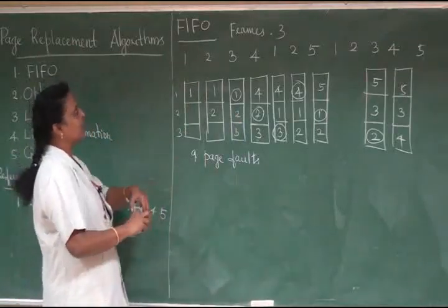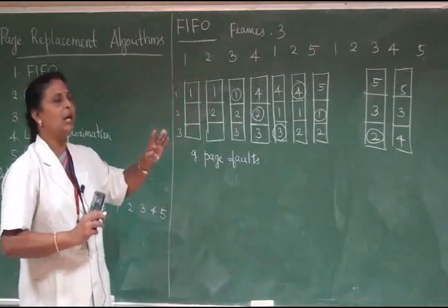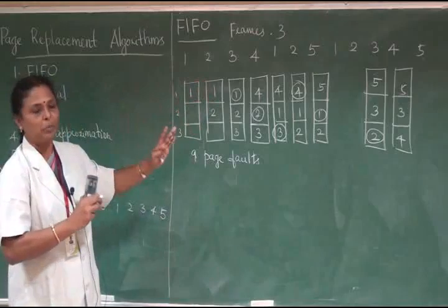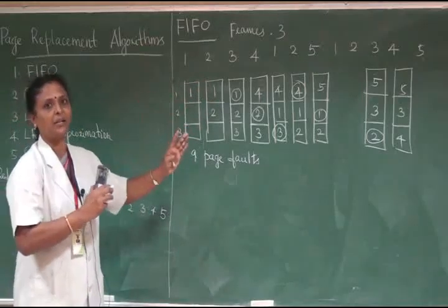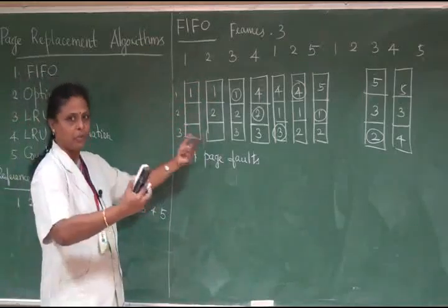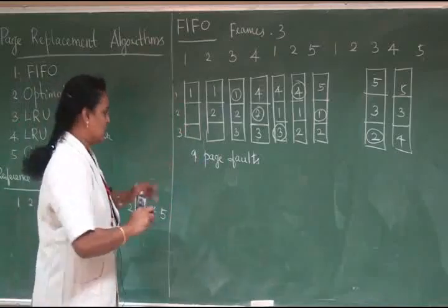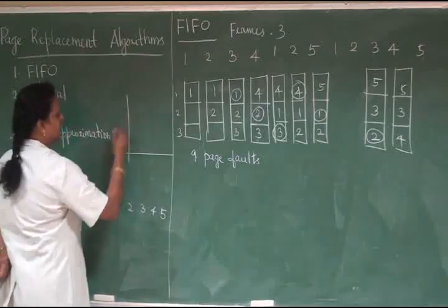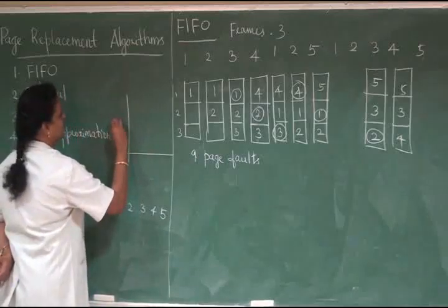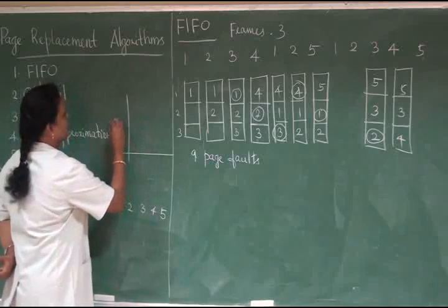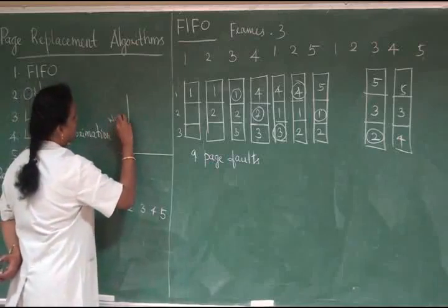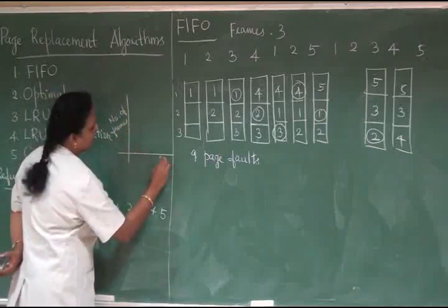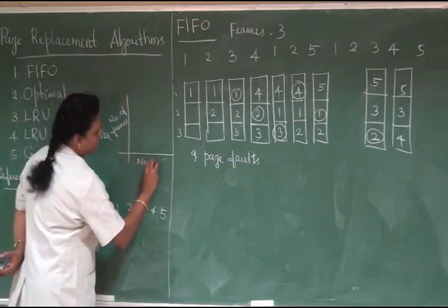But in general, if the number of frames allotted for a particular application or program is increased, definitely the number of page faults will be reduced. So the graph will be like this. The number of frames will be represented here, and here the number of page faults.